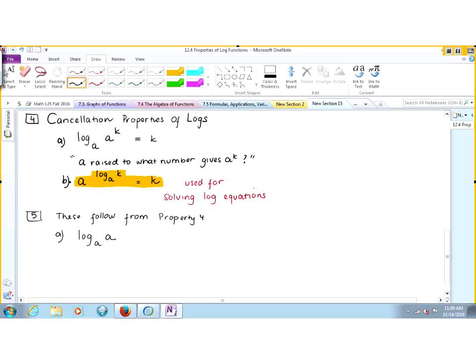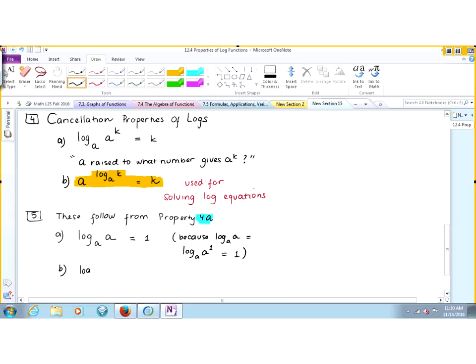It follows from property 4A. Any idea? 1, yes. Why? Because log base A of A is equal to log base A of A to the first power, so this is equal to 1. Log base A of A is 1.